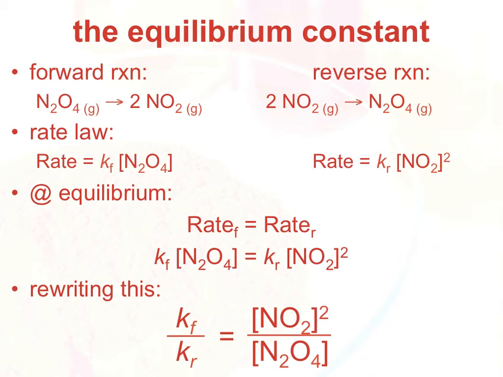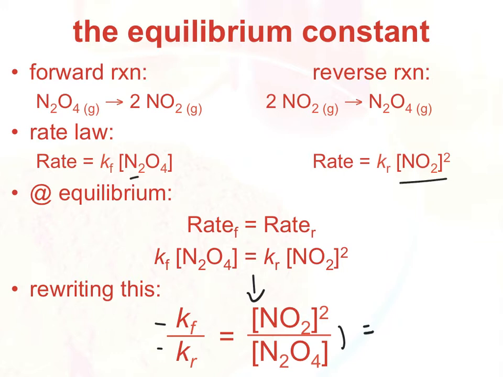Now, at equilibrium, we know that the rate of the forward reaction and the rate of the reverse reaction are equal. So if we set these equal to one another, we end up with this relationship that we see below. You notice the rate constant of our forward reaction divided by the rate constant of our reverse reaction is going to equal the relationship between the concentrations of our reactants and products relative to what was found in the rate laws.